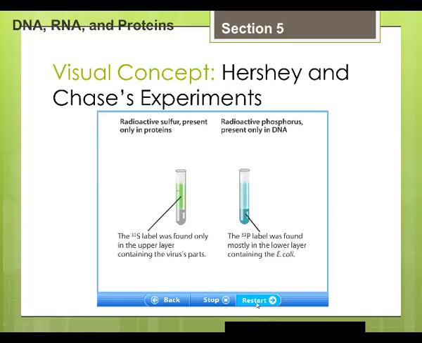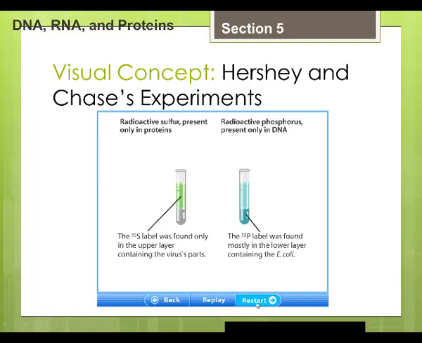In contrast, the radioactively labeled phosphorus was part of the lower level containing the bacterial cells. This suggested that the viral DNA had been injected into the bacteria. The new generation of viruses that was produced in these bacteria also contained radioactive DNA, further supporting the idea that DNA was the genetic material.